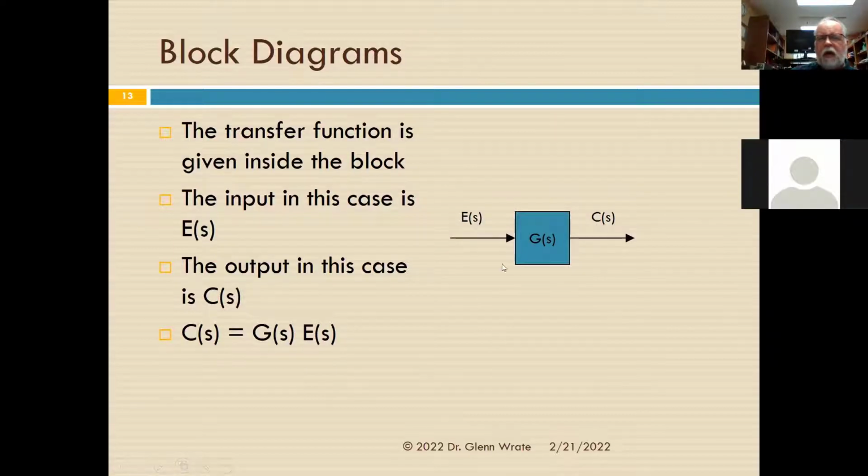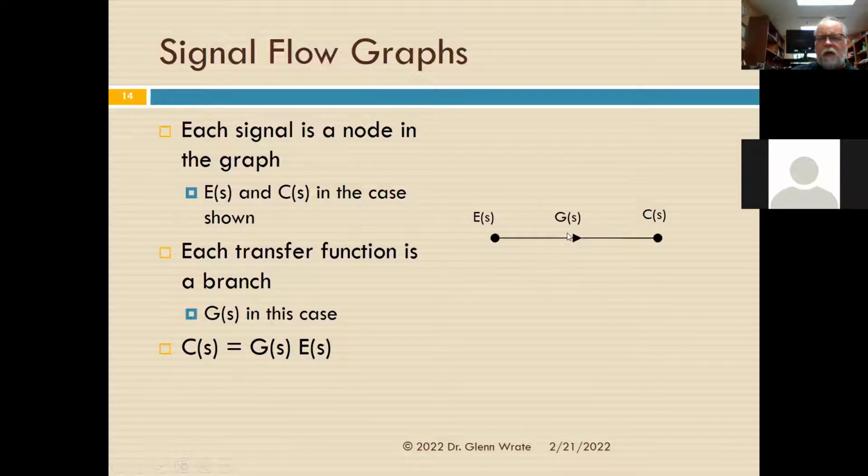Now, we want to simplify this so it's easier to come up with Mason's gain formula. So what we're going to do is just take this block out of here. We replace that block with just an arrow and G of s, the function, and that's taken in place of the block.